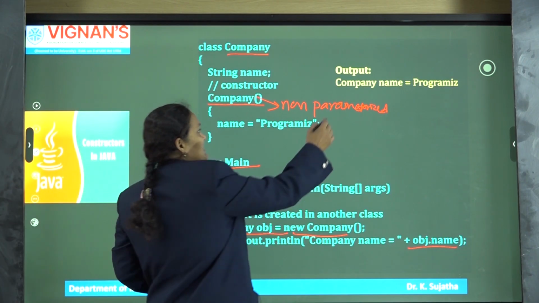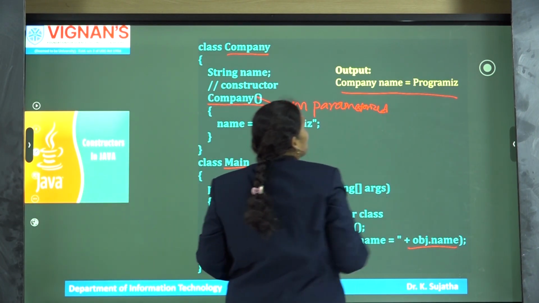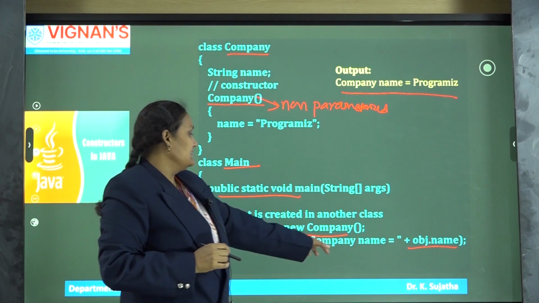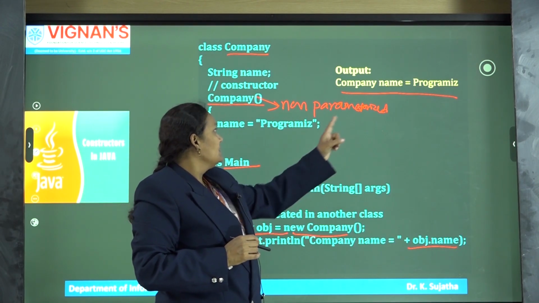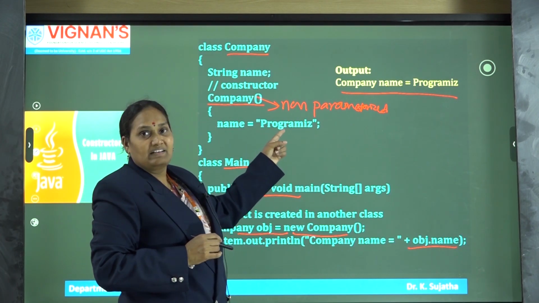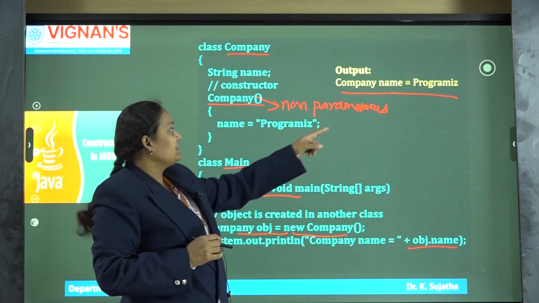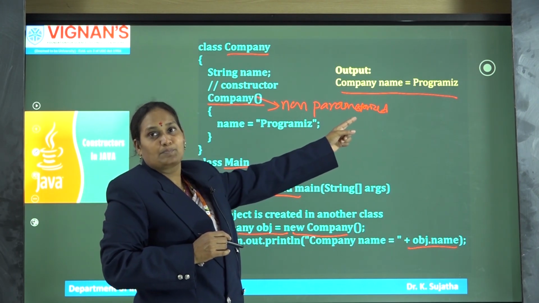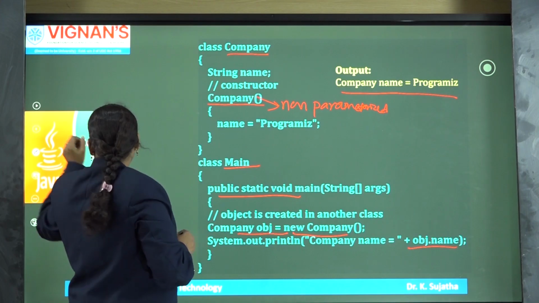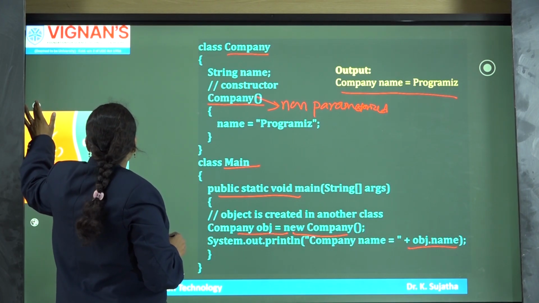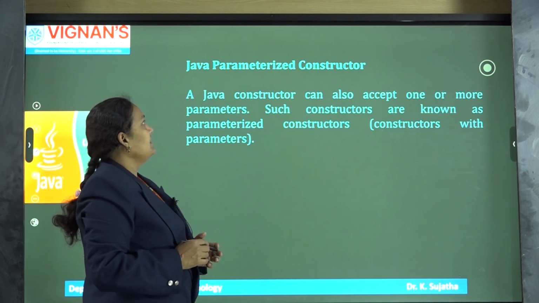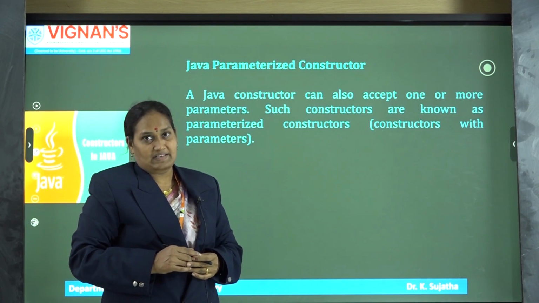Now if you see the output of this program, it prints company name is equal to, whatever value I assigned to the variable name, that value is printed there, which is program each. This is called a no argument constructor or non-parameterized constructor.